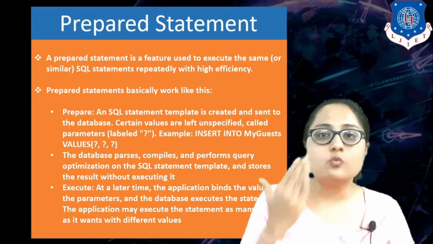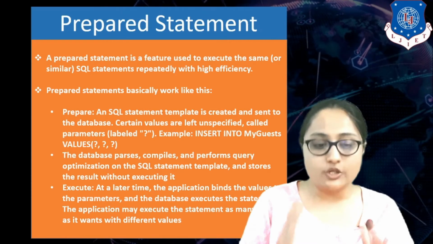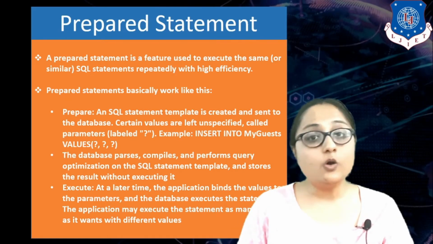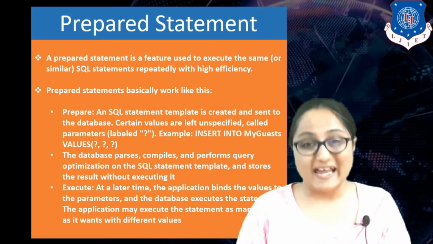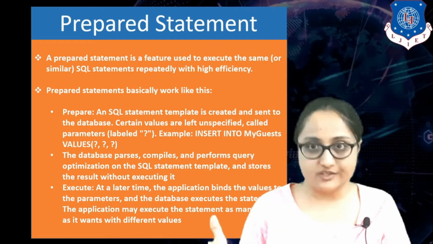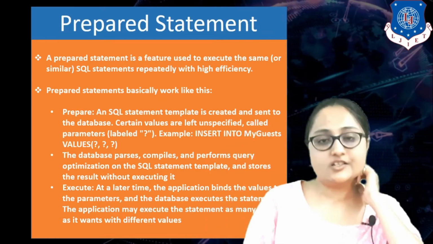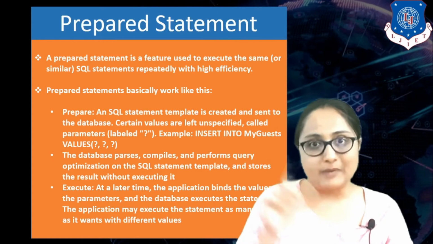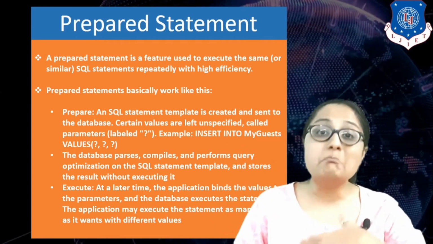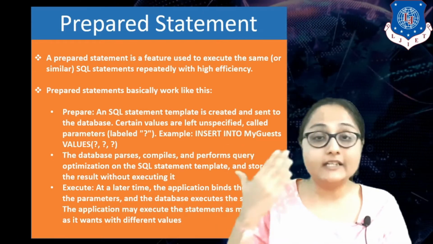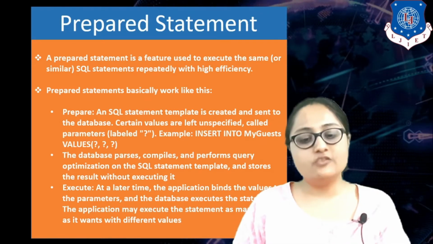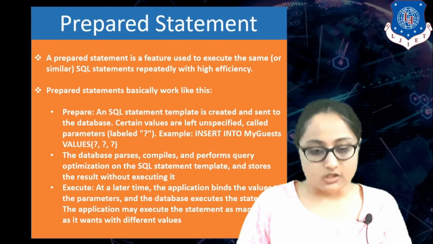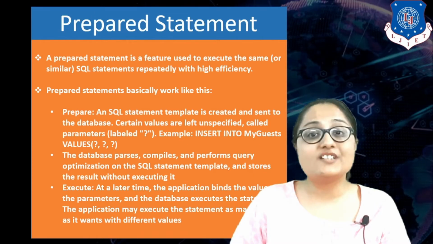Whenever you want to execute this query, what do you need to do? The second phase is execution. During the execution phase, at a later time, whenever you want to execute that query, the application binds the values to the parameters you left unspecified, and the database executes the statement.